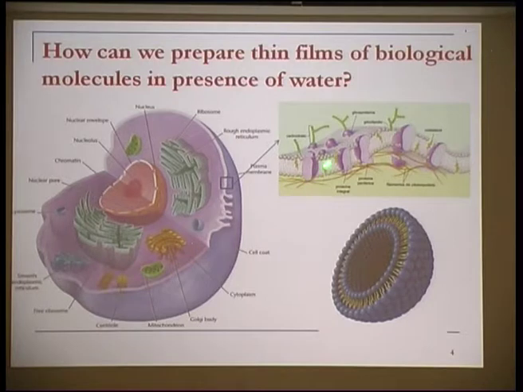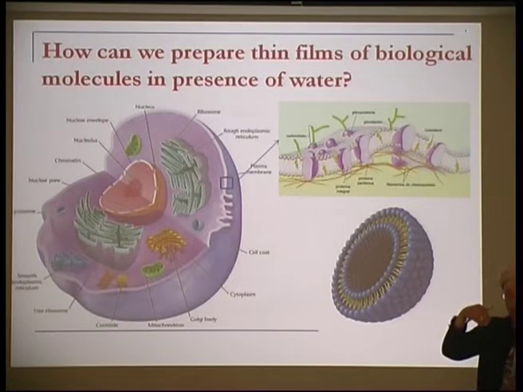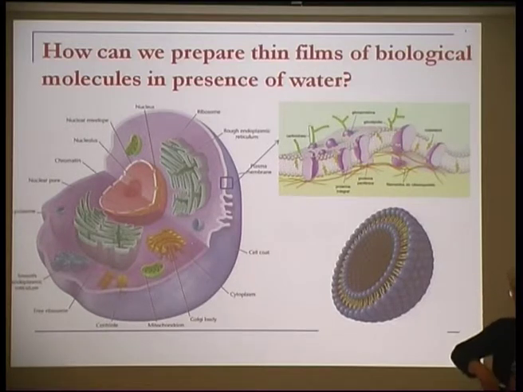It is possible also to include some molecules, and we have proteins inside of lipids, but we need to take this membrane out of the water when we put the support in the Langmuir tube and take it off.